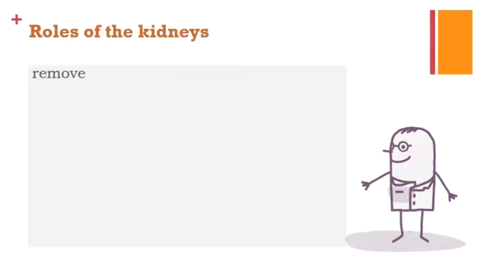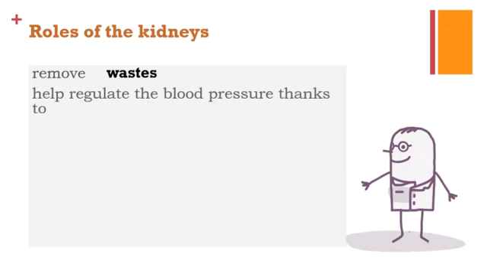The kidney adjusts the composition and volume of the blood and removes wastes from it. The kidneys help regulate the blood pressure by secreting the enzyme renin, which increases the blood pressure.